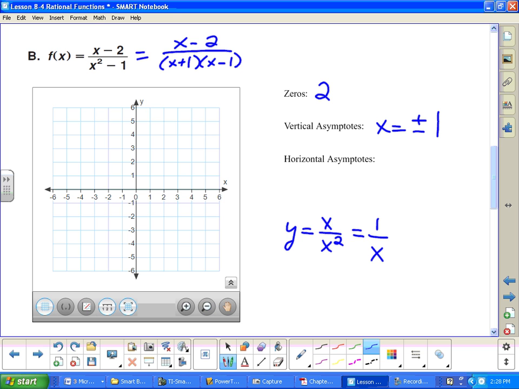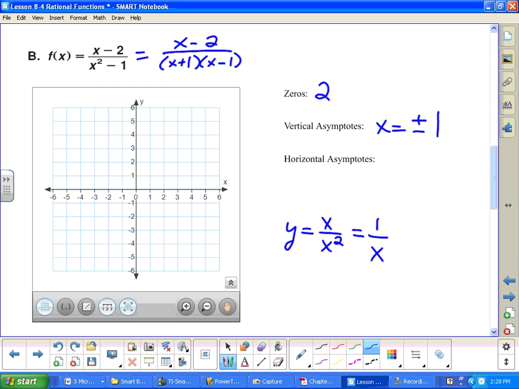So if I put in 10 for x, 100, 1,000, 10,000, 100,000, a million, 10 million. As I keep putting in bigger and bigger numbers for x, what happens to the value of 1 over x? Getting smaller and smaller. And it's getting closer and closer to what actual number? 0.